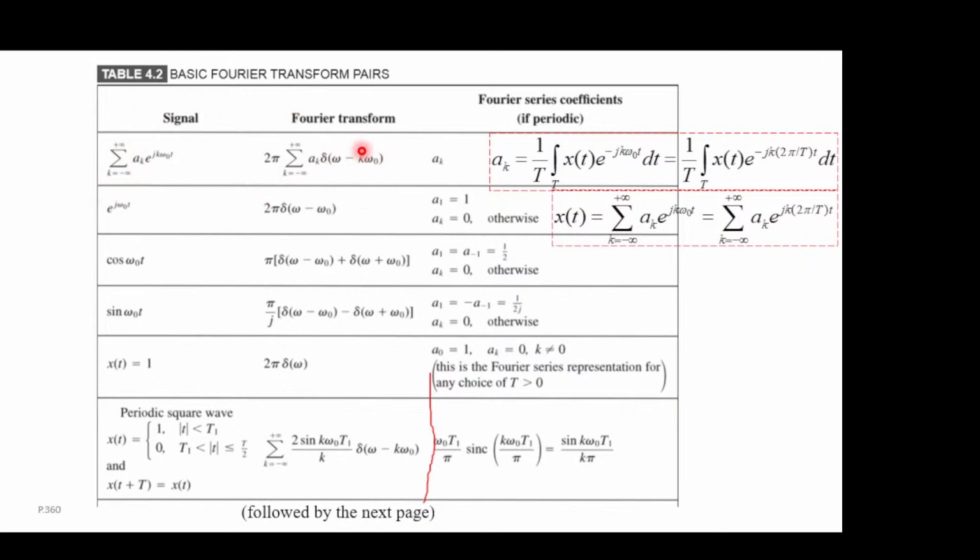Then the corresponding Fourier transform is a sum of a whole bunch of evenly spaced delta functions. We know that the Fourier transform of e to the j omega naught t is 2 pi times delta of omega minus omega naught. So if a signal can be written as a linear combination of complex exponentials, its Fourier transform is the same linear combination of delta functions.